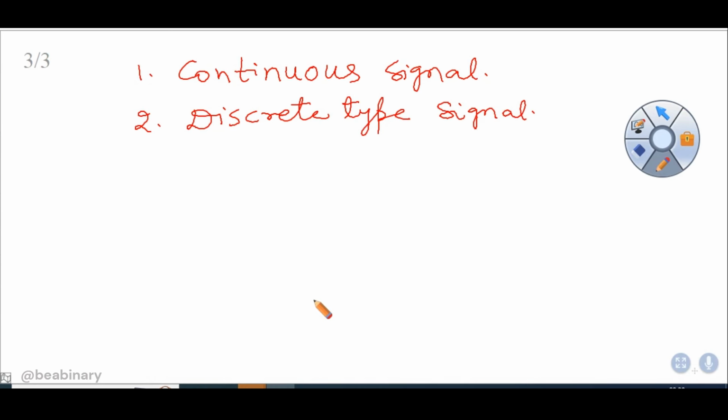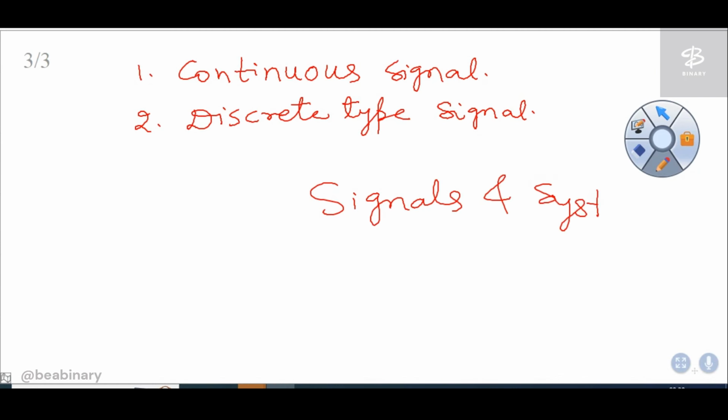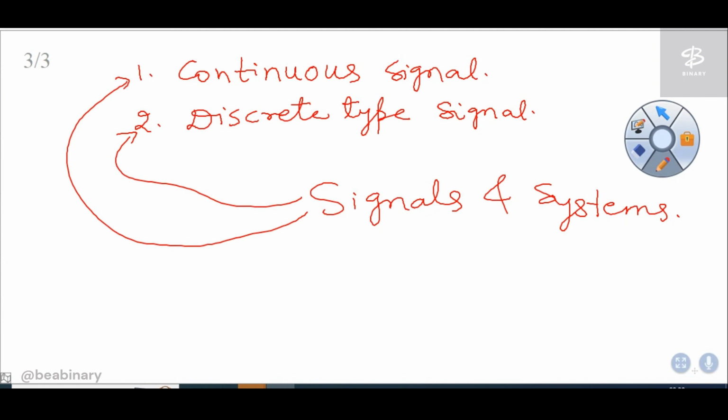When we started studying this subject, signals and systems, we basically discuss these two types of signal. We will only discuss these two types of signal.